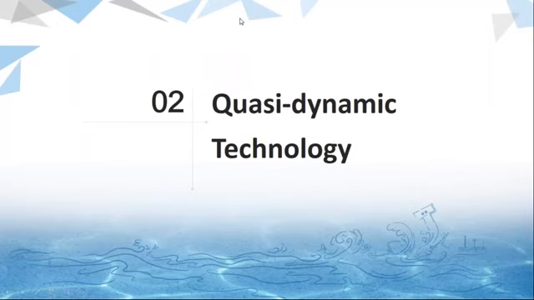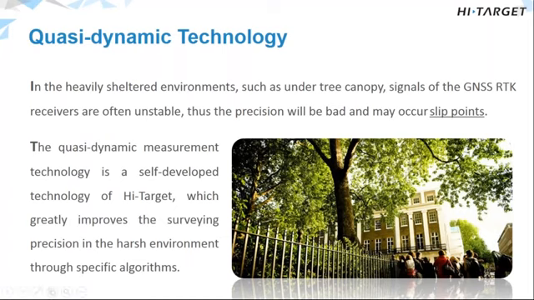Okay, the next part is about the Quasi-dynamic technology. Some people may ask why we need it. In heavily shaded environments, such as under trees, the RTK signals wouldn't be stable, so the precision will be bad and there will be some slip points.